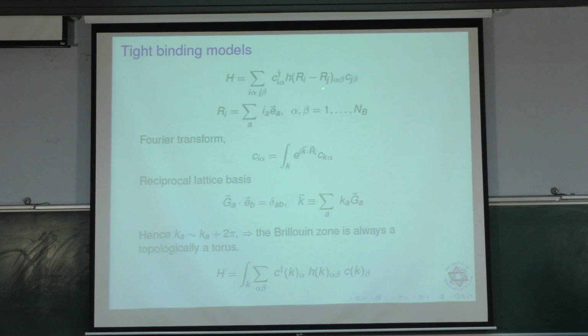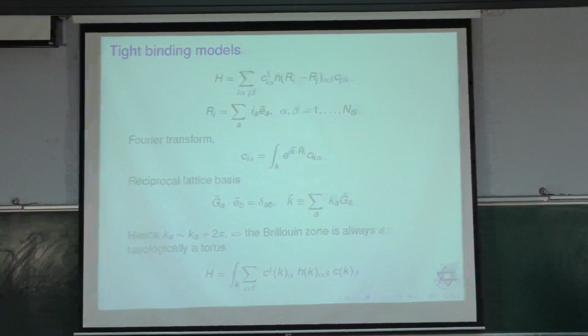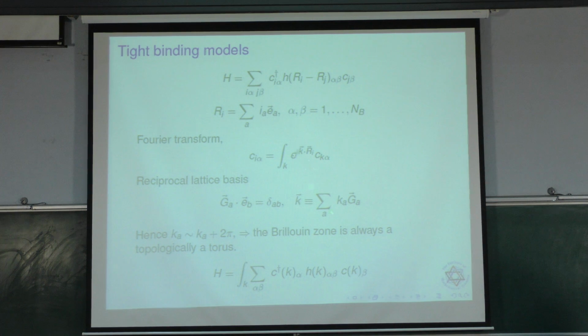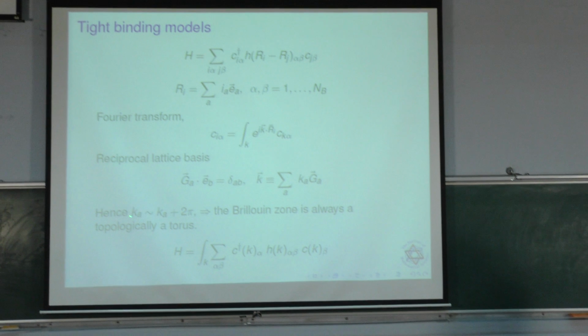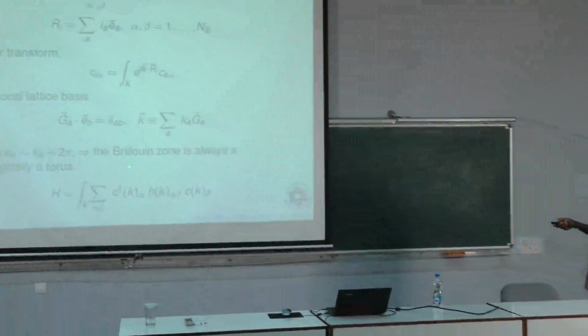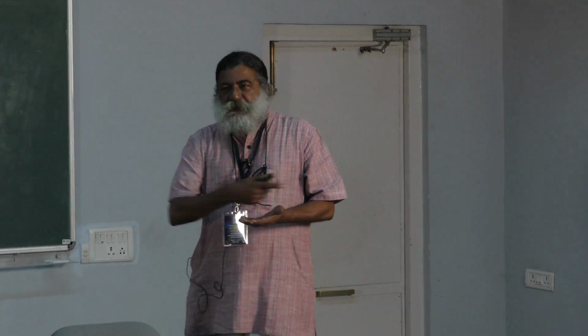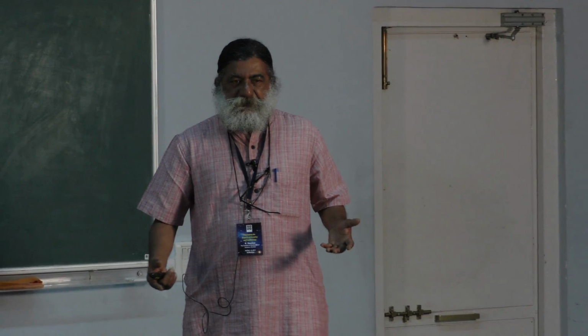Now you can Fourier transform, Bloch's theorem or whatever, and go to the k space. Because of the lattice structure, the momentum space is always periodic. Physically, that means that momentum is conserved only up to a reciprocal lattice vector, because translation symmetry is broken by the lattice.